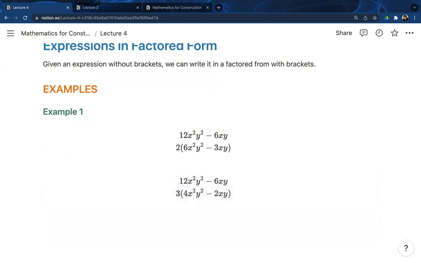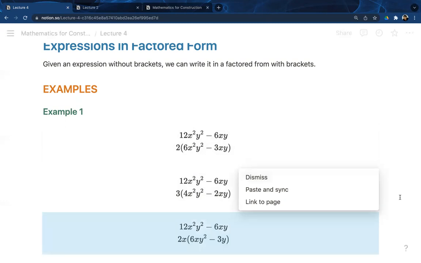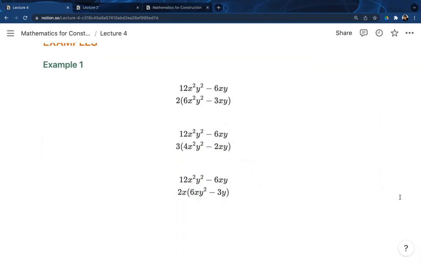And there are letters that are common as well. Like there's an x squared and an x, there's a y squared and a y, right? So I could say 2x is common, and write this, okay? It's a different factored form, but when I multiply the second line, I get back the first line. 2 by 6 is 12, x by x is x squared, y squared is there. 2 by minus 3 is minus 6, x by y is xy.